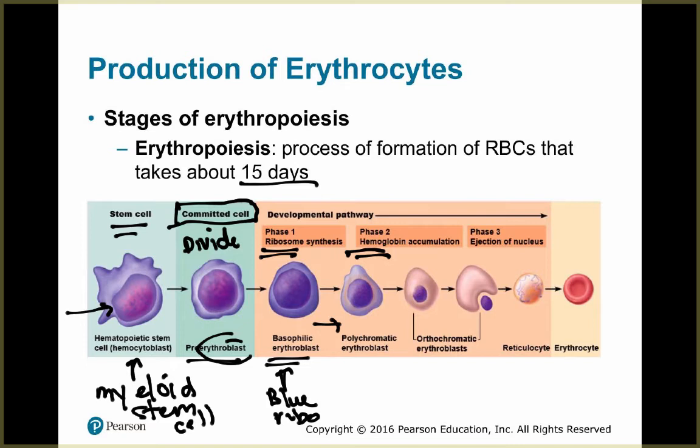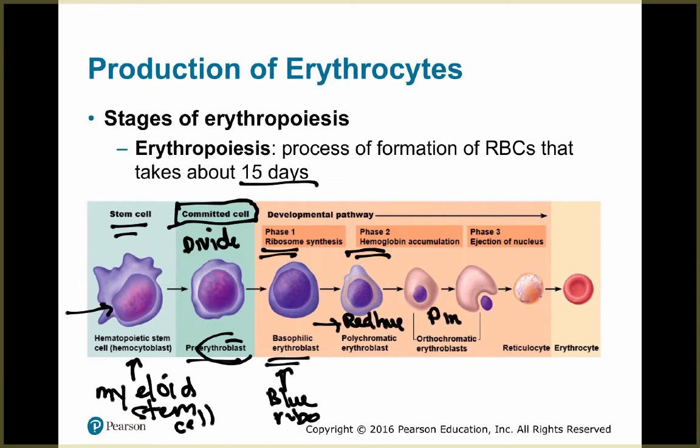Now, as you continue to make these cells and the hemoglobin continues to accumulate, you'll notice that they start becoming extremely pink. See, this is a red hue, right?